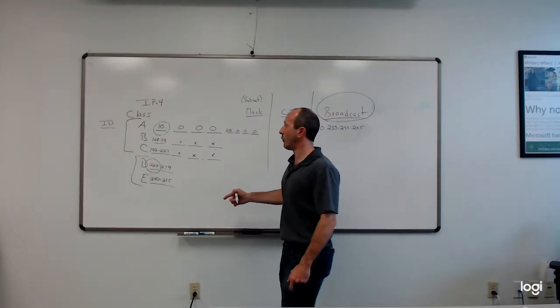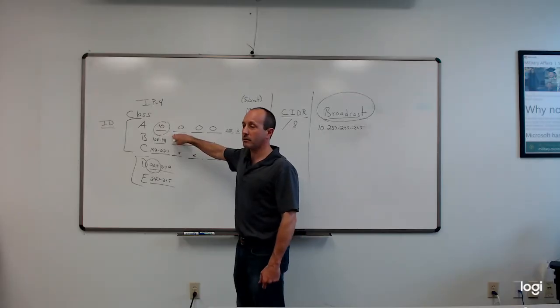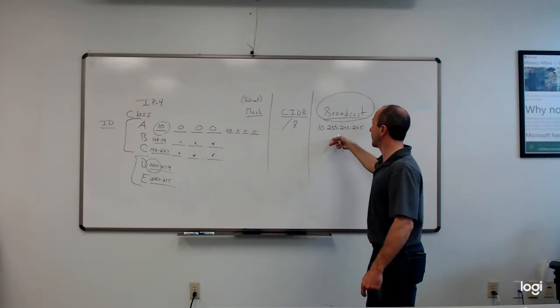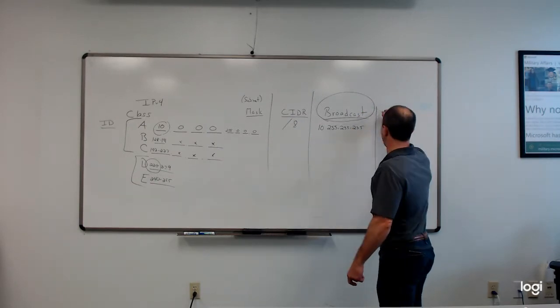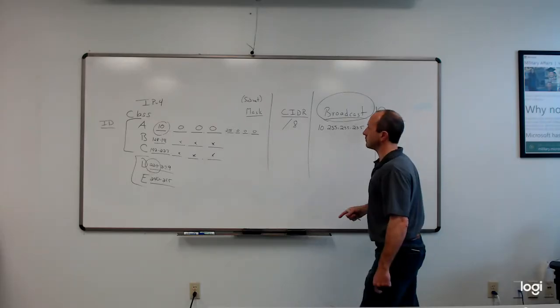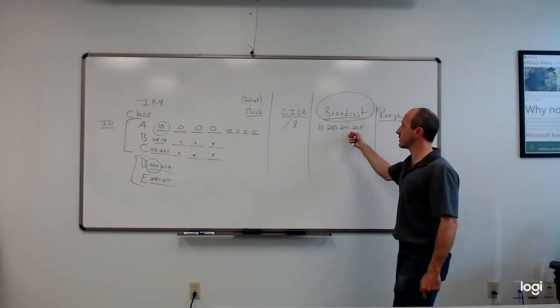So a network will have some key features. A network will have a network ID. It will have a mask associated with it. It will have a broadcast. And then everything in the middle, everything between this address and this address is what's called the range.